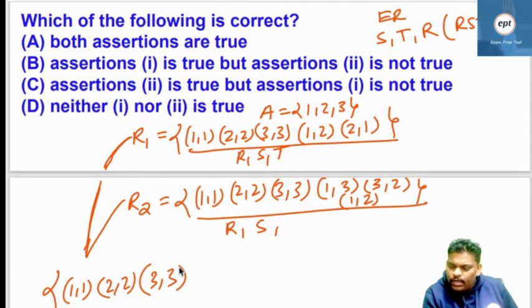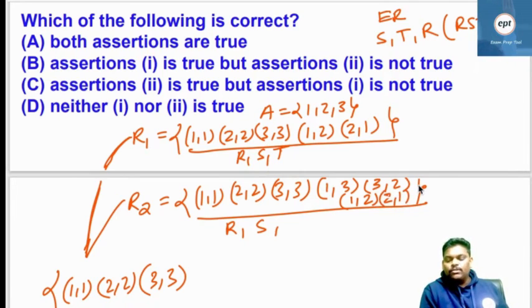Someone is saying 2, 1 is required. Let's check 2, 1. How 2, 1? Someone is saying, in the R2, 2, 1 is required. How? See, 1, 3, 3, 2. So 1, 2, reverse is 2, 1. Of course, right?